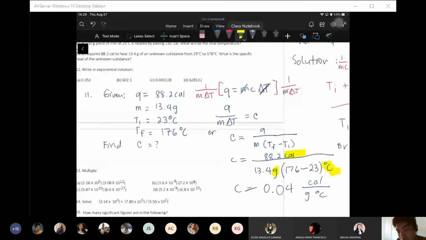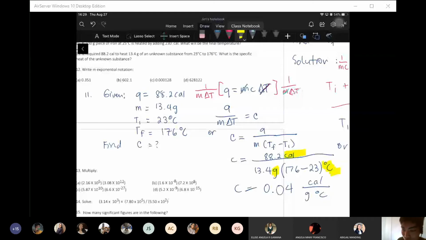We can actually get the identity of our matter depending on the specific heat, no? Kasi sabi nga natin, yung matter natin, iba-iba yung kanyang required heat. So that means it is also a characteristic for them. Meaning we can characterize matter depending on the specific heat.